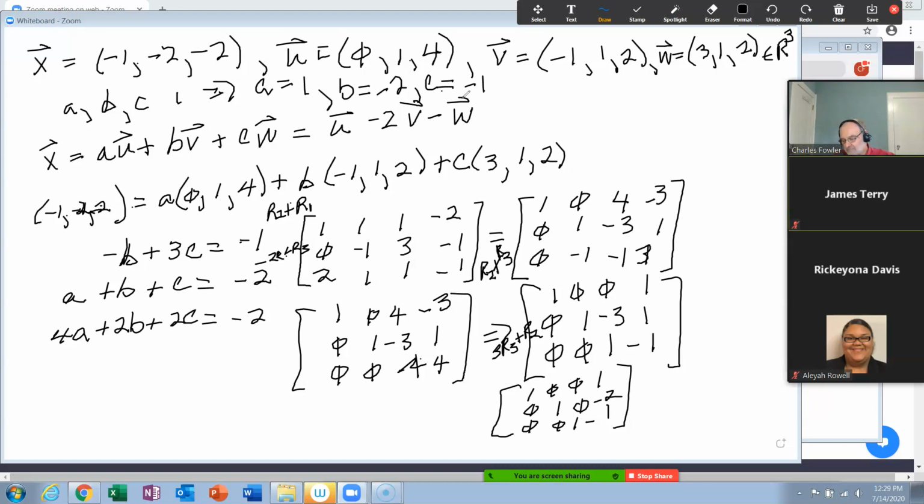Okay? Now, it said similarly to determine whether the vector 1, 1 is a linear combination of the vectors 1, 2, and 2, 1. Okay? I'll tell you, 1, 2, and 2, 1 are not multiples of each other. There's no way you can get that. So they are linearly independent of each other.